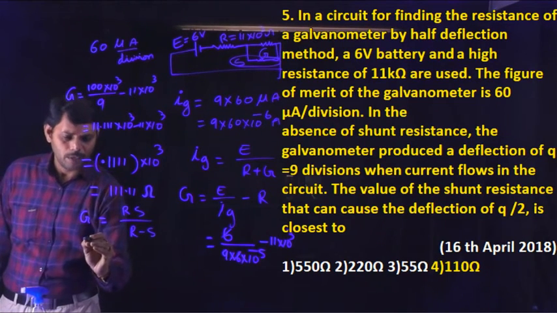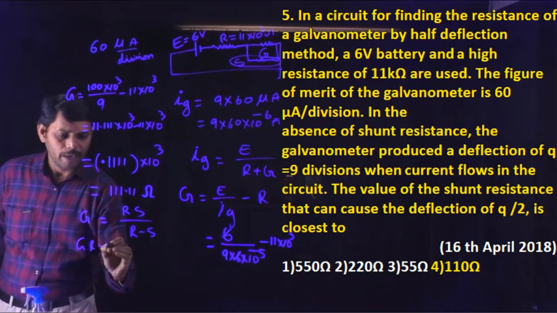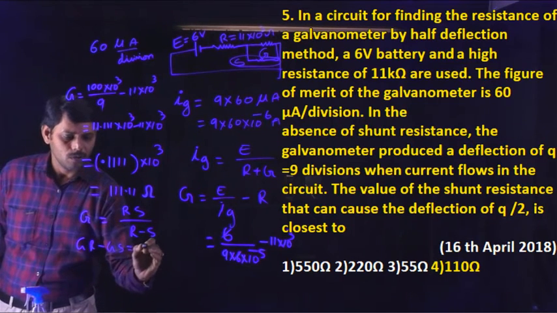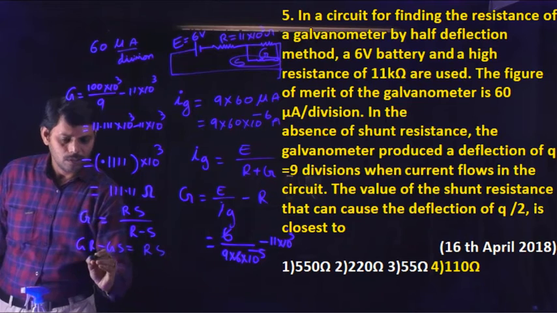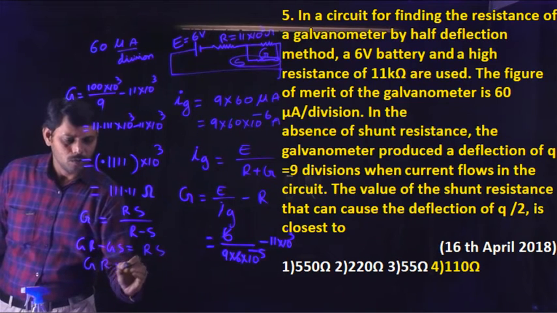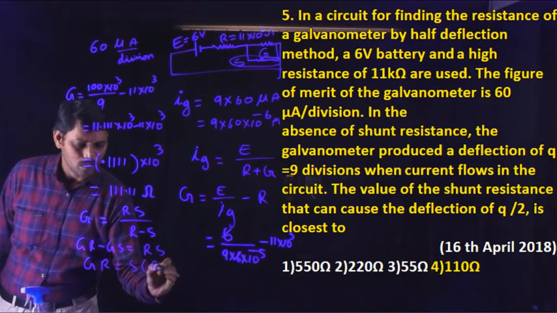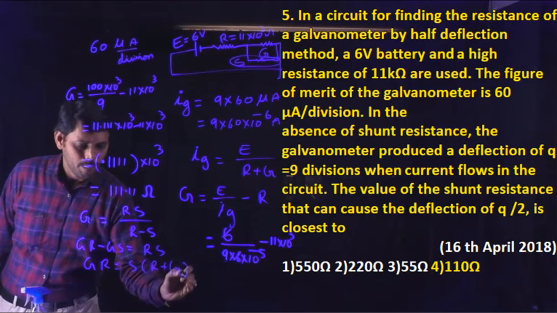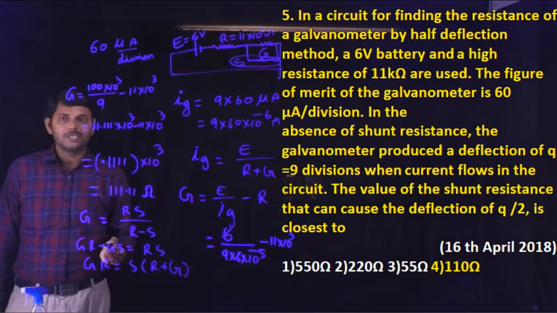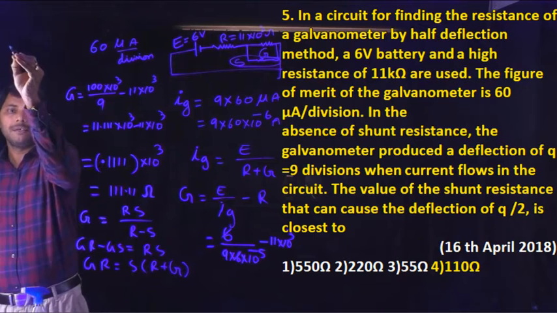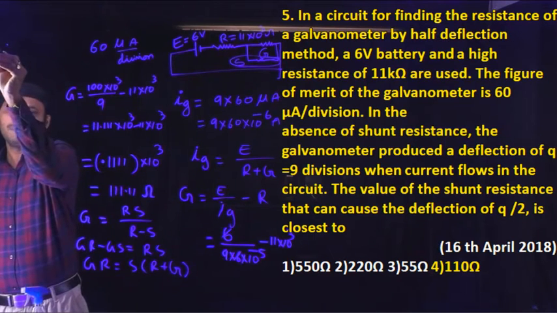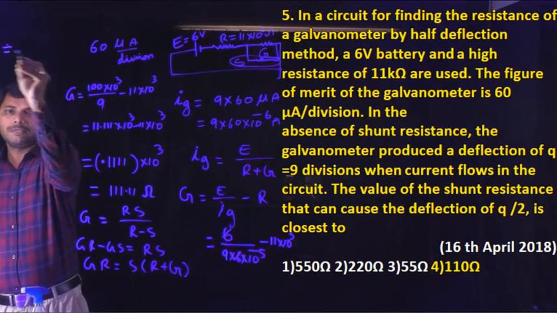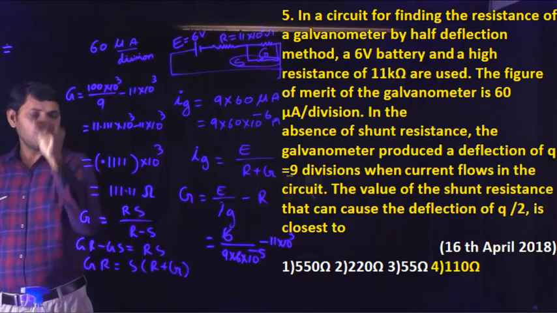Cross multiplying, GR minus GS is equal to RS. Then GR is equal to S into R plus G. Then S is equal to GR by R plus G.